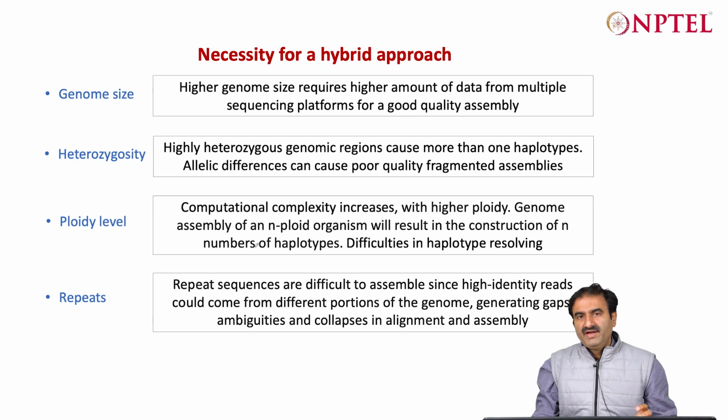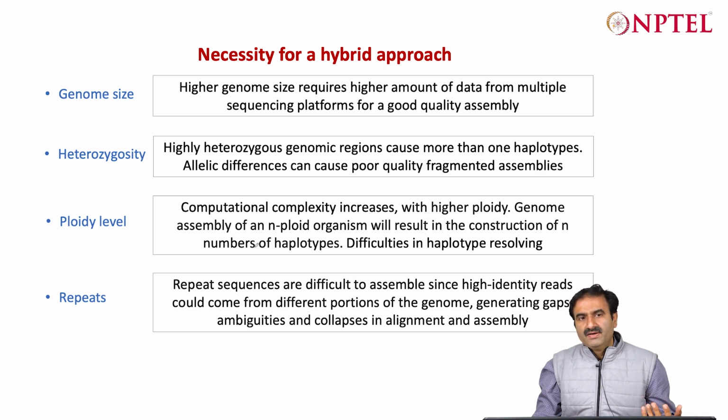Okay, and why we need to do a hybrid assembly approach using long and short reads is because the genome that you are dealing with may be a polyploid genome, having multiple copies that may lead to problems in haplotype resolving, or it could be a highly heterozygous genome that will interfere with the assembly process because of the mismatches you will see in the fragments during the assembly.